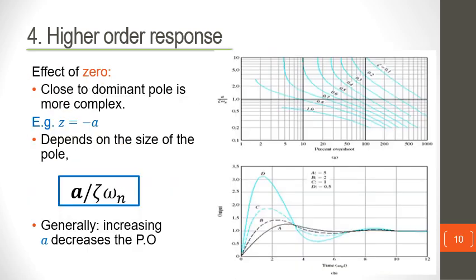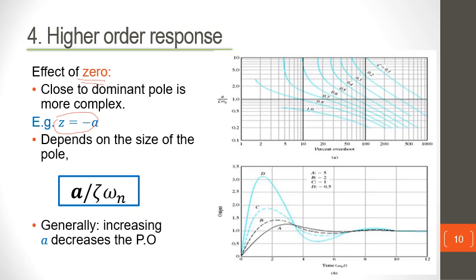We have also been made aware that a zero which is close to this dominant pole has a bit more complex influence on the behavior of the overall transfer function or system. So let's say you have a zero now at z is equal to minus a. So your zero is at -a.